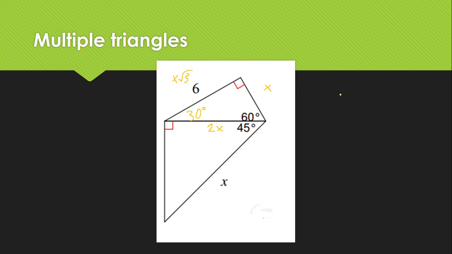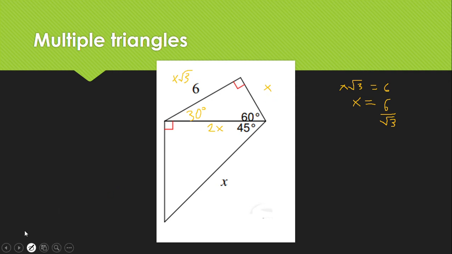And it looks like my x square root 3, that side is equal to 6. So if I want to get x by itself, I'm going to have to divide by the square root of 3 on both sides, and I get x equals 6 divided by the square root of 3.